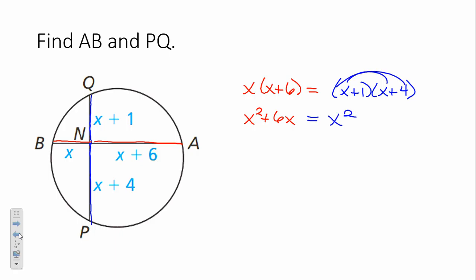Outsides gets you 4x. Insides, 1x. And lasts, 1 times 4 is, yep. So we've got some like terms that we're going to combine. On the right hand side we'll have an x squared plus a total of 5x plus 4. And here's the good news, we have an x squared on each side.